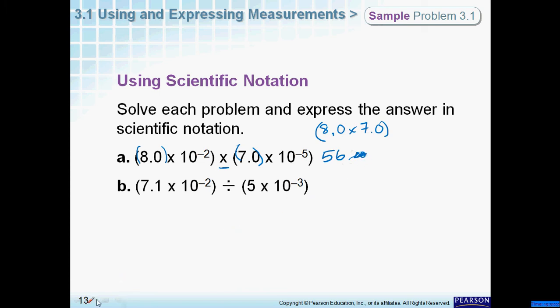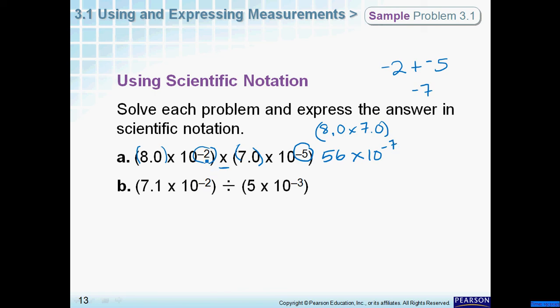That makes life a little bit easier. The times 10 always stays times 10. And now I need to add my exponents. -2 plus -5. Well, -2, and I basically subtract 5, that comes out to -7. So my exponent is -7.